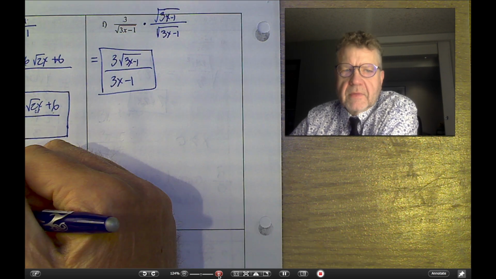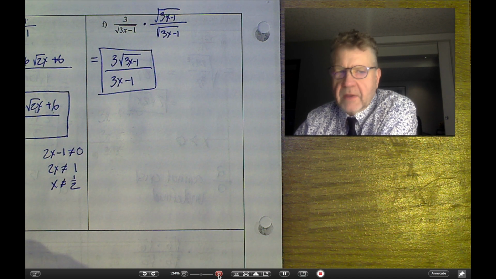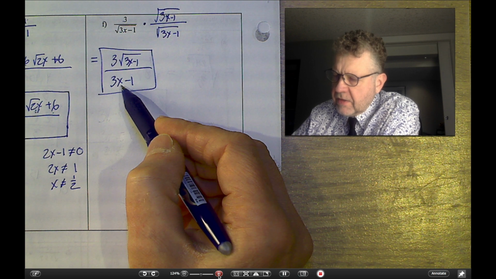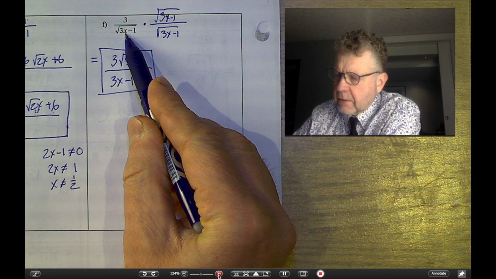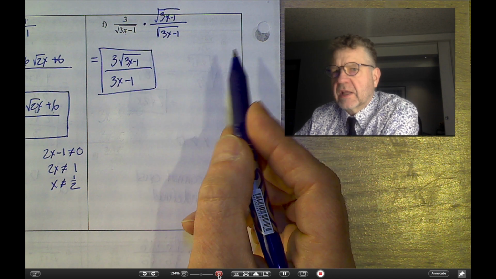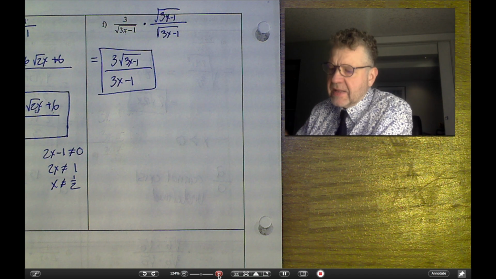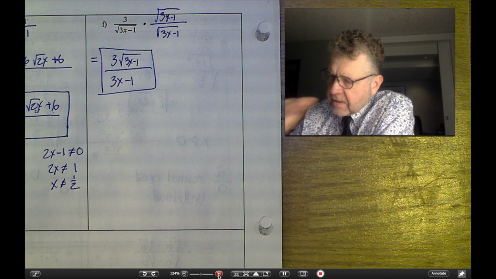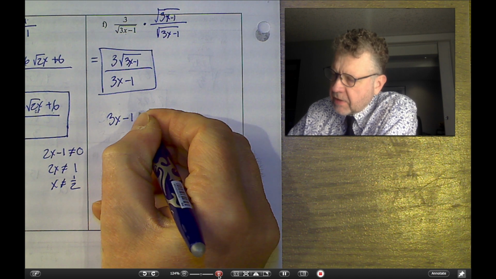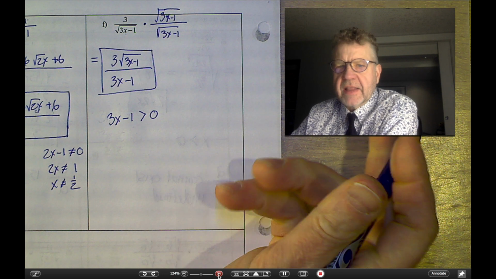All right. So we've got an answer, and the last thing, of course, is to look at restrictions. And it seems to me that in this bottom one here, this and this are pretty much the same, right? The radicals, remember, the stuff inside the radical sign, the radicand, cannot be negative. So 3x minus 1 must be greater than 0. If it was less than 0, then you get a negative number in the radicand.